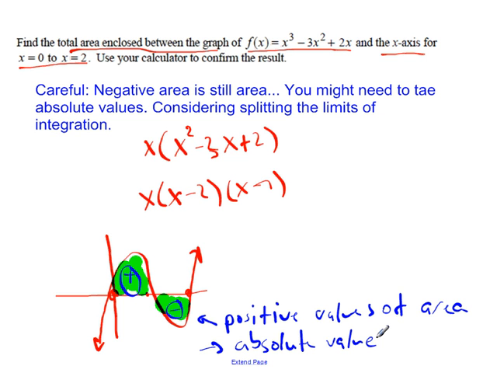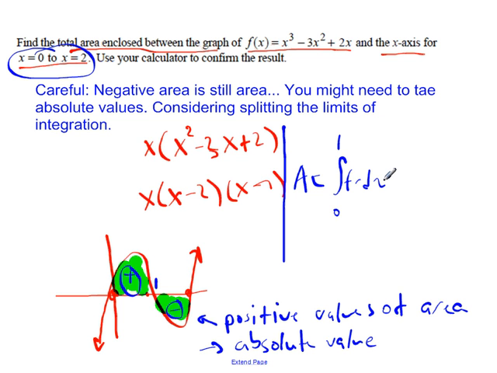So the expression for my area, even though my limits are from 0 to 2, I'm going to split up those limits. I'm going to go from 0 to 1 of my function, and then I'm going to subtract the area from 1 to 2 of f dx.